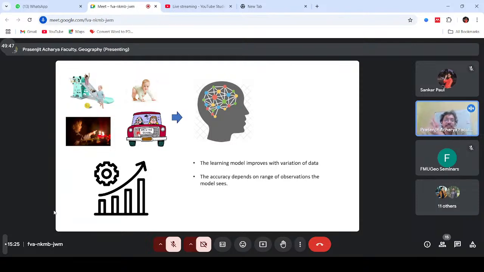It's a learning model, a learning that actually improves our performance. So we're going to find statistical functions that learn from the data and gradually improve their performance. The learning model improves with the variation of the data. As I keep varying the data, the larger the variations of the data, the more the learning process improves, right?